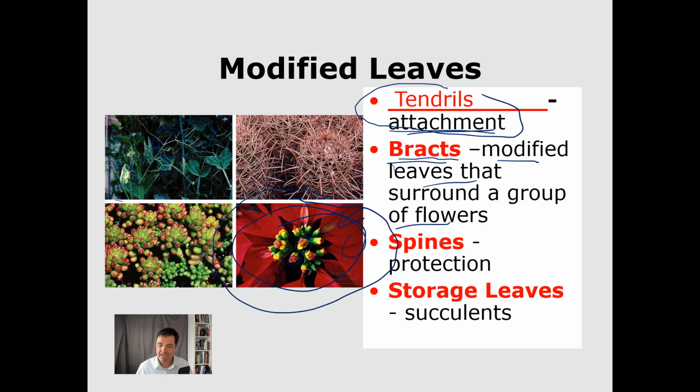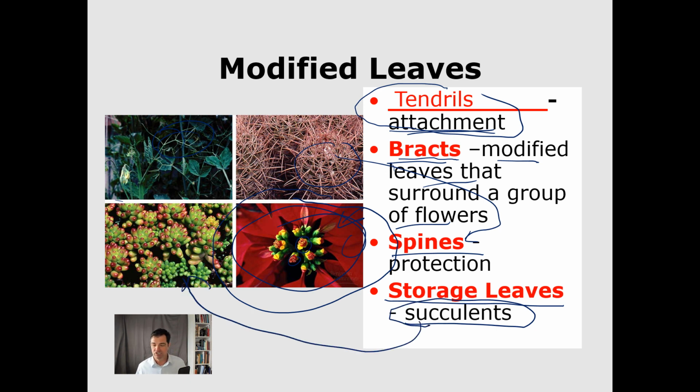And then there are spines, like on a cactus, where the leaves are modified for protection. And then there are storage leaves that store water and excess nutrients. Succulent plants are big examples of storage leaves.